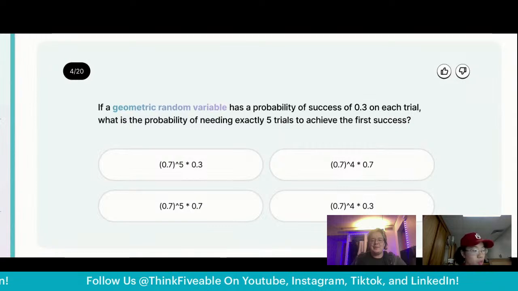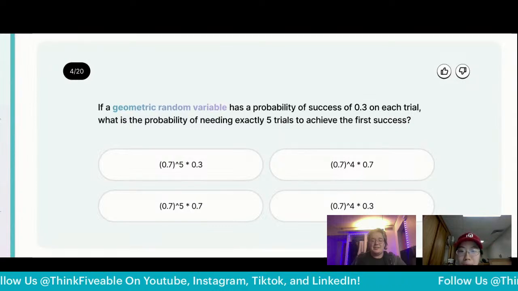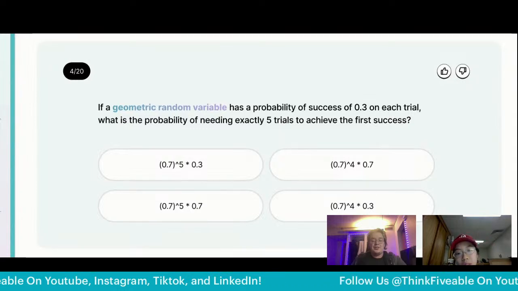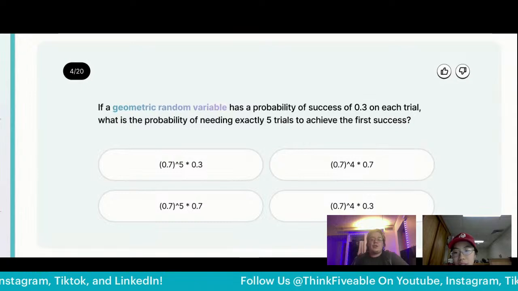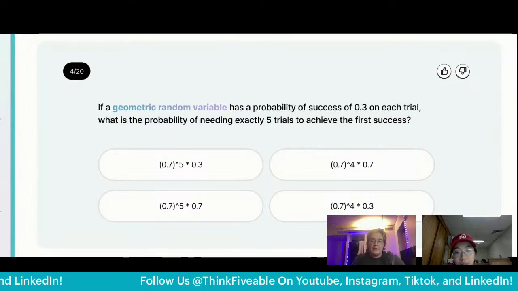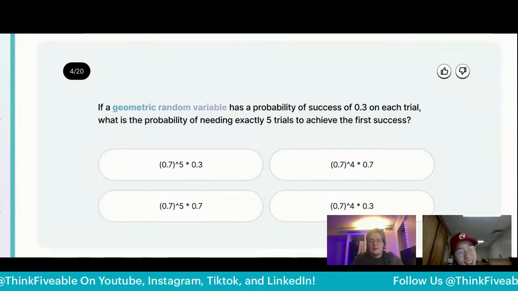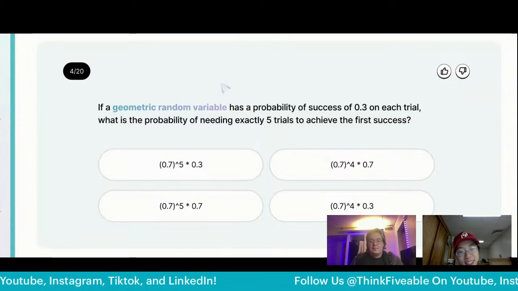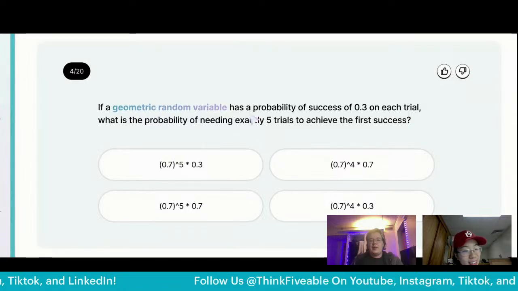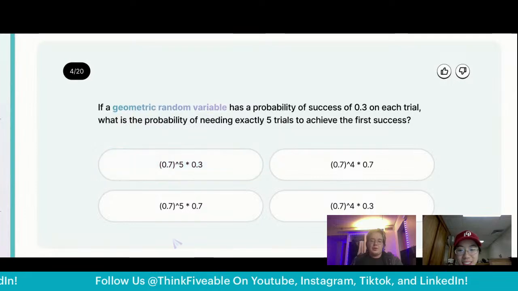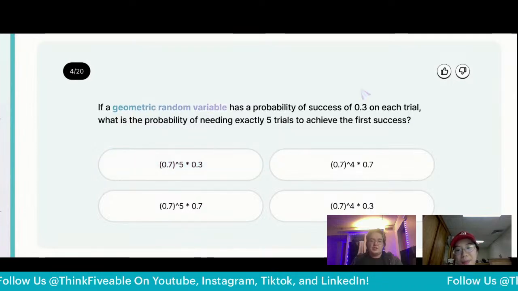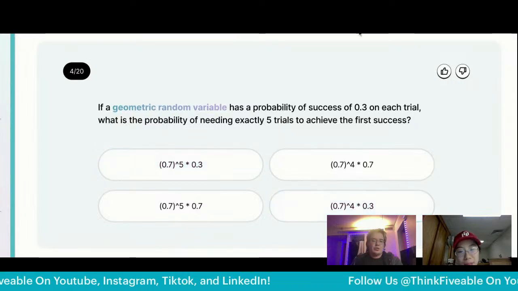The first thing that stands out to me is the number of trials. We want the equation to have one less than that, correct? Yeah, because you need one success and everything else has to be failures. Perfect. So we're probably going to scratch out these two left ones. How do we know whether to use 0.7 or 0.3?